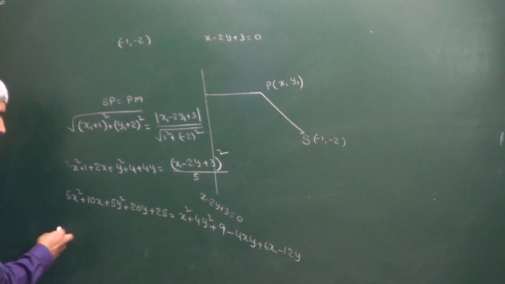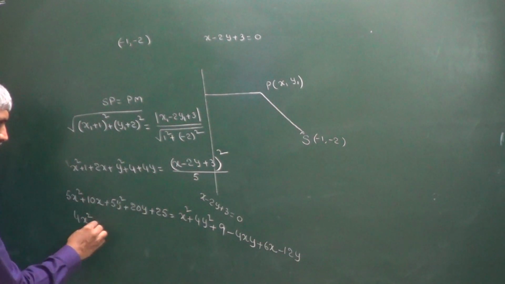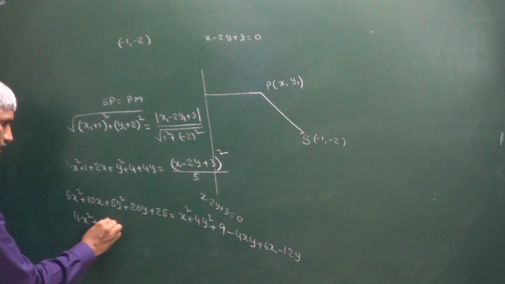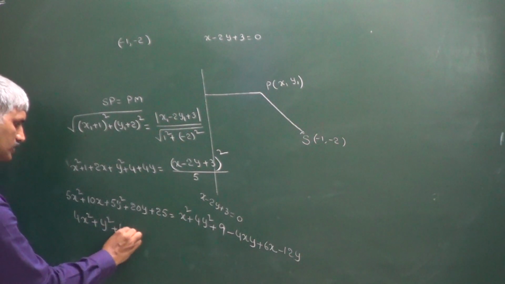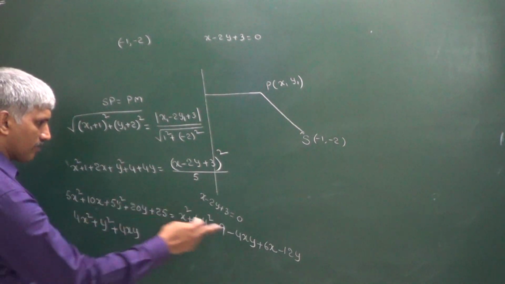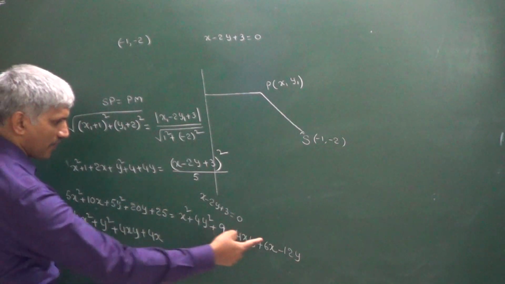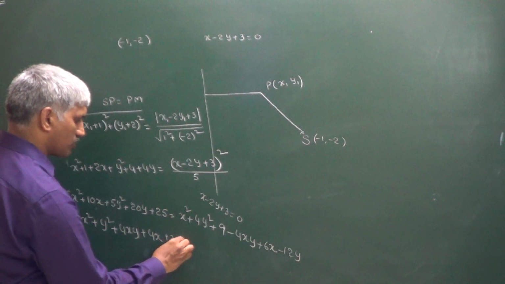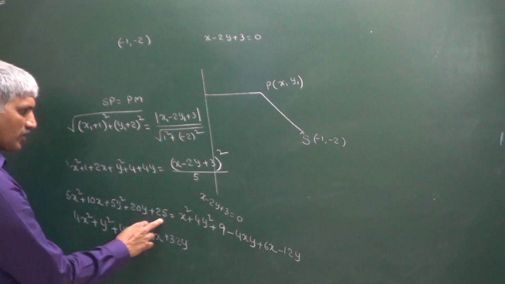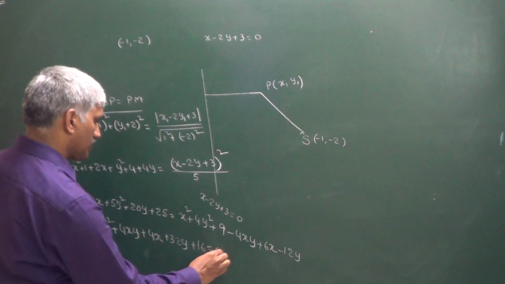Now this total simplification, we will get 4 times x square plus y square plus 4xy. So here plus 10x minus 6x, you will get plus 4x, plus 20y plus 12y, you will get plus 32y. 25 minus 9 is equal to 16 is equal to 0.